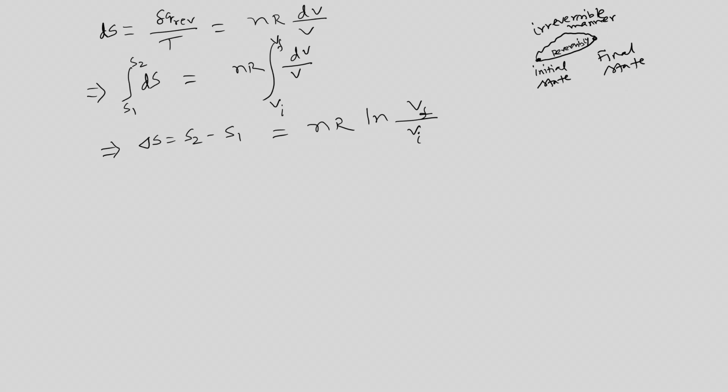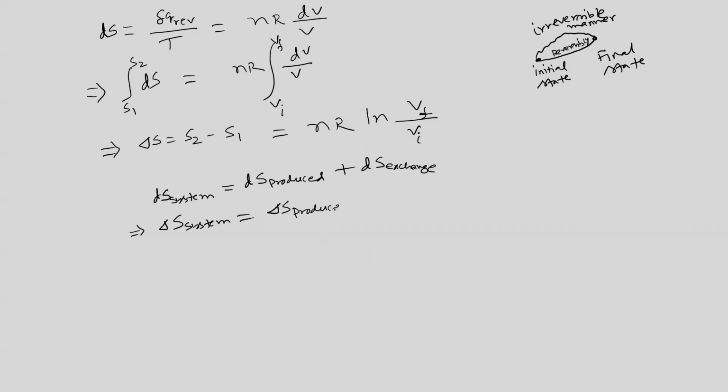So far what we discussed is dS system is nothing but dS produced plus dS exchange. Or, if the change is finite, we can write delta S system is nothing but delta S produced plus delta S exchange.